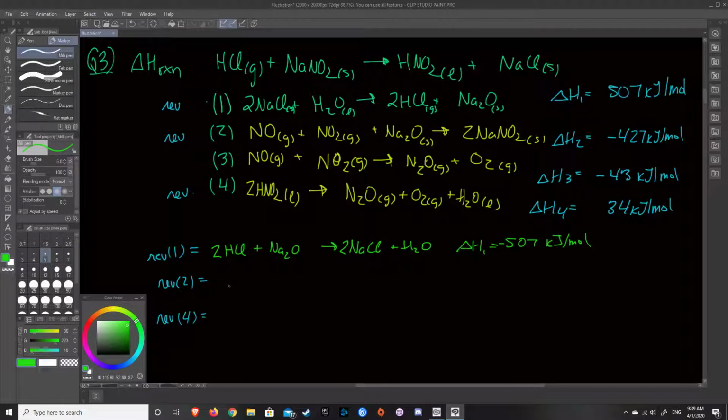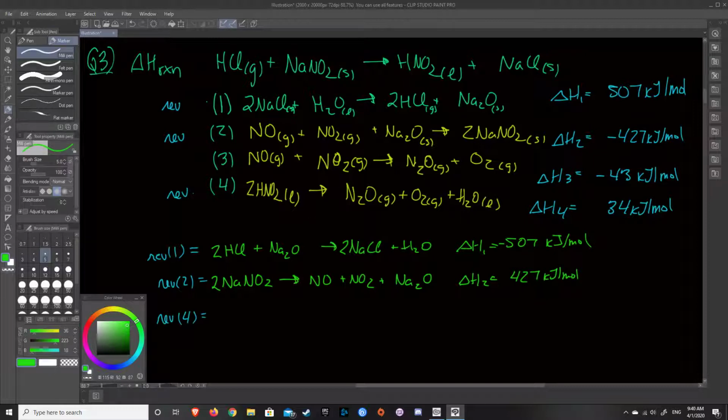Okay, let's reverse number 2. So instead what we get is 2NaNO2 reacts to form NO plus NO2 plus Na2O. I'm not writing the state symbols now because I'm still working on my fine drawing skills with this tablet. So our new delta H2 is equal to 427 kilojoules per mole.